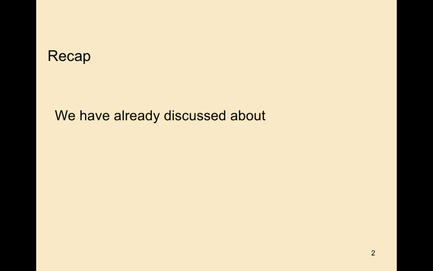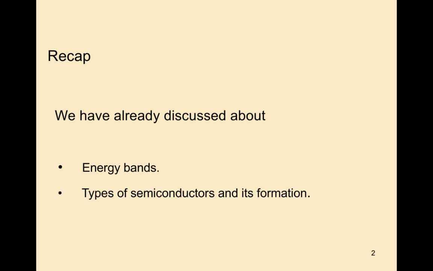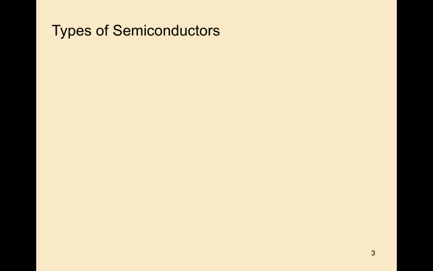Recap: we have already discussed energy bands, types of semiconductors and their formation. Before comparing the semiconductors, you need to know what semiconductors are and how many types there are.